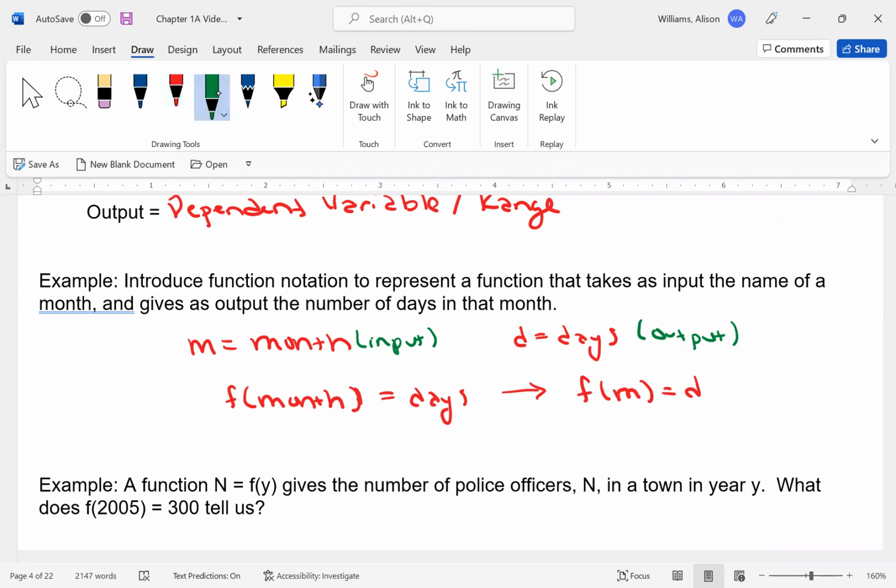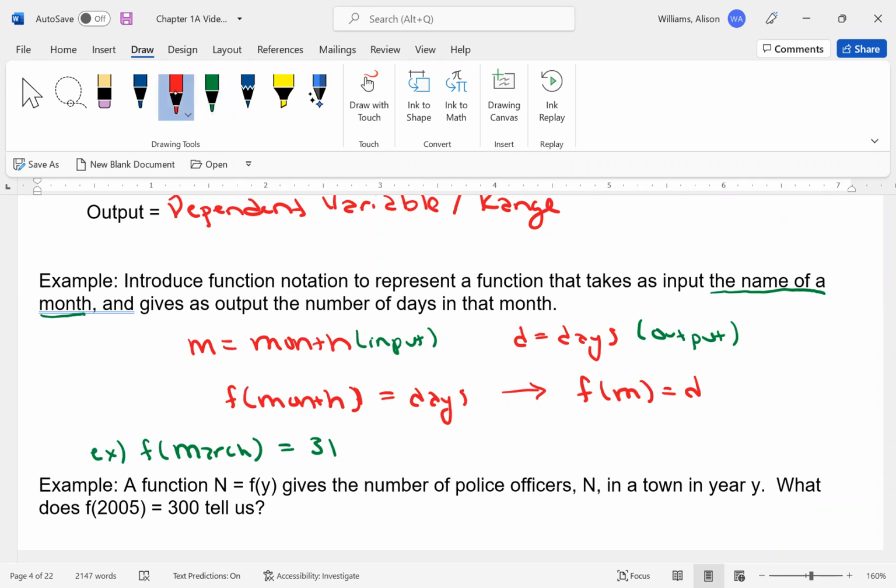Really quick, just to give an example, they said the input is the name of a month. So the inputs would actually be spelled out. It would be March, but the outputs would be numbers. So 31, because in March there's 31 days.